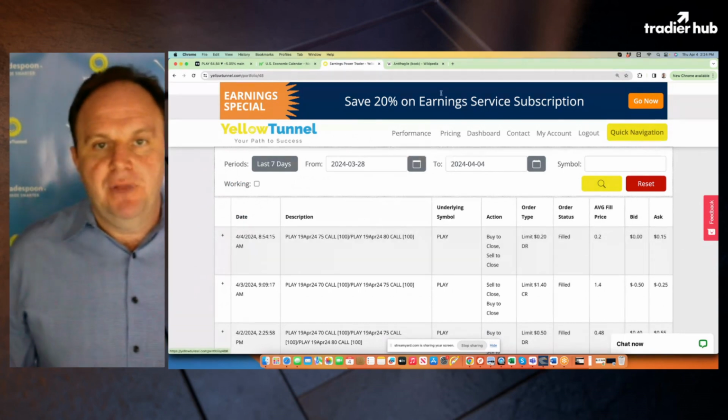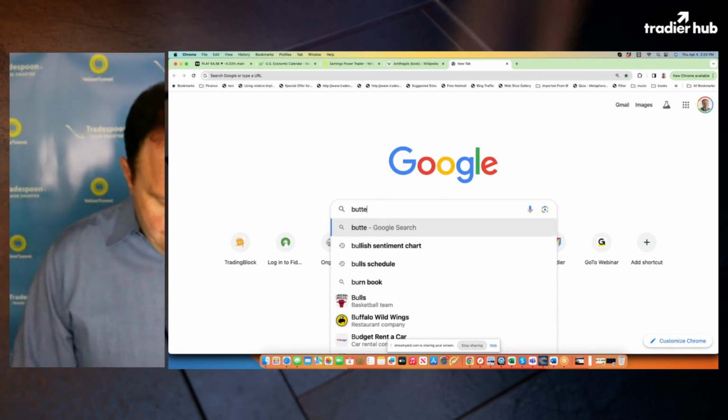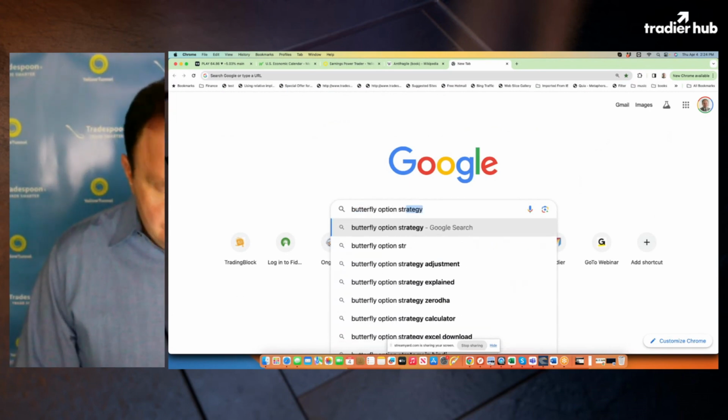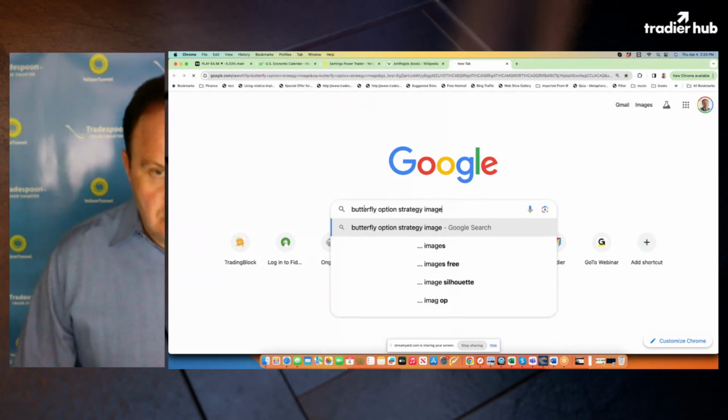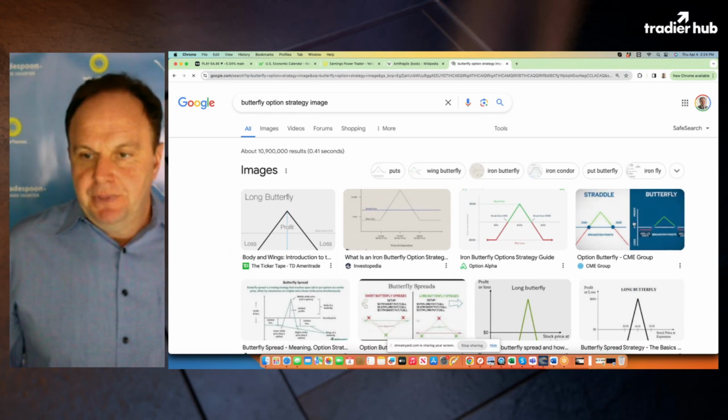The example of butterfly, if you do look at the butterfly, the profit and loss looks like this, right?